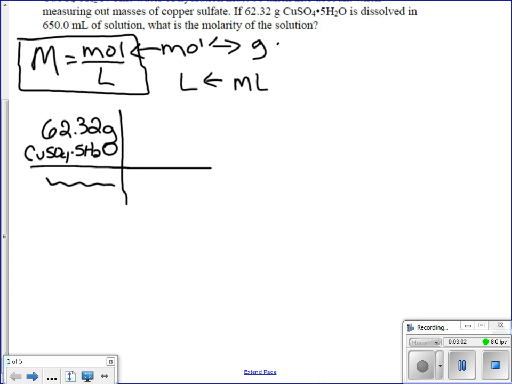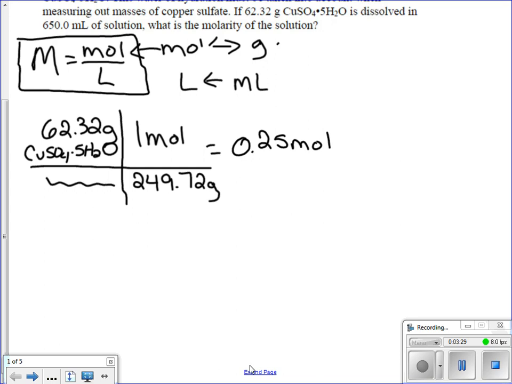I know there's a dot there, and that usually means multiply, but for the masses, we're adding them all together. So when you add them all up, you should get 249.72 grams, and we put 1 mole on top, multiply across the top, divide by the bottom, and you should get 0.25 moles.